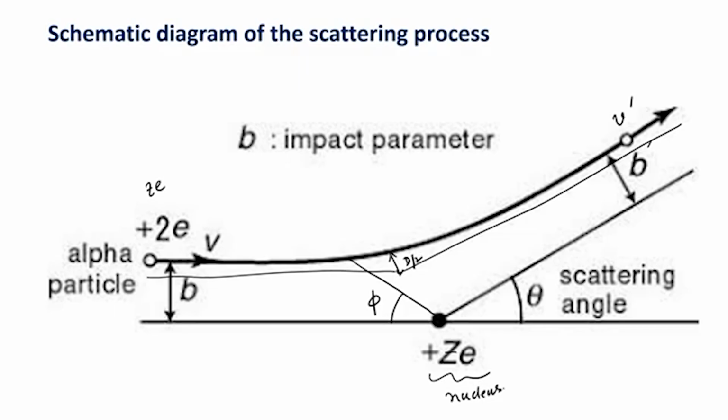So, this is the schematic diagram, and let us work out the form of this trajectory, so that we have an idea that there is a small region of space which deflects all the alpha particles, and hence this should house positively charged particles, which are of course protons.